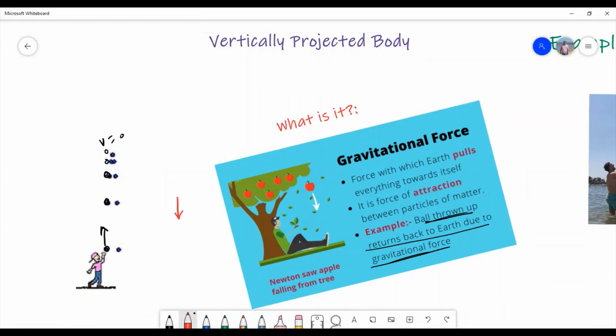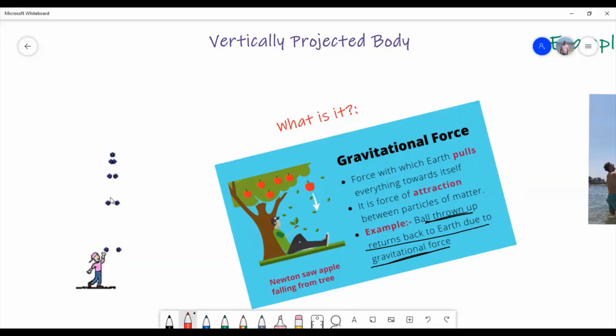This body is decelerating. So when the body decelerates, its velocity keeps on decreasing. So its velocity becomes 0 at the highest point. Then the direction of motion changes. It was like this initially, then it is coming back. So that's the reason why whatever body you project up, it has to come down. That's the important thing we should remember about this body.